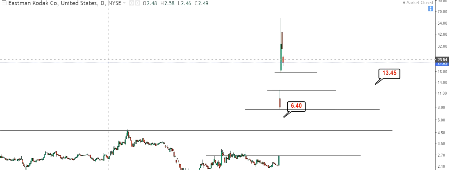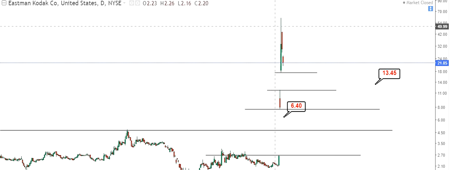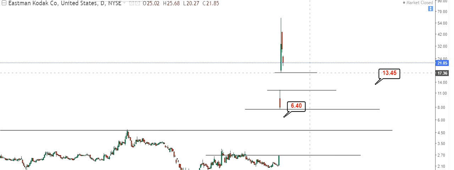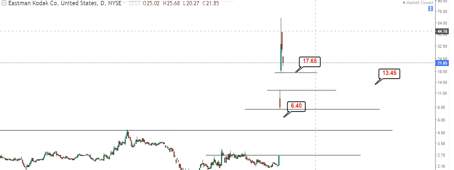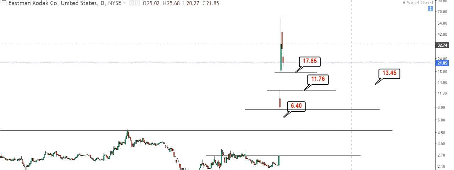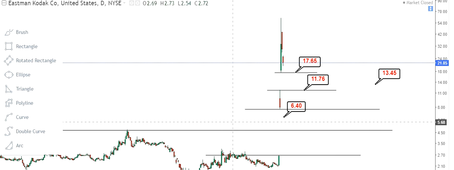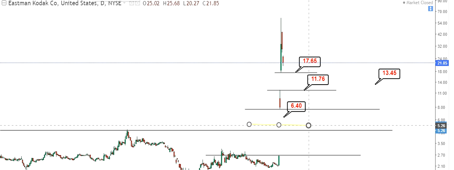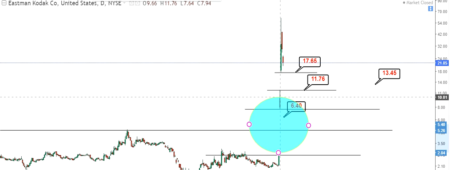So the key here is simply this, that if the price falls below 17, then there is a possibility that it will come towards 11. I am not considering this gap right now.